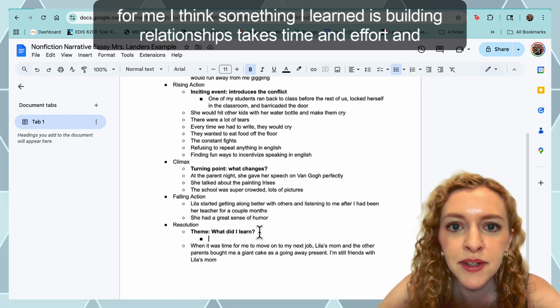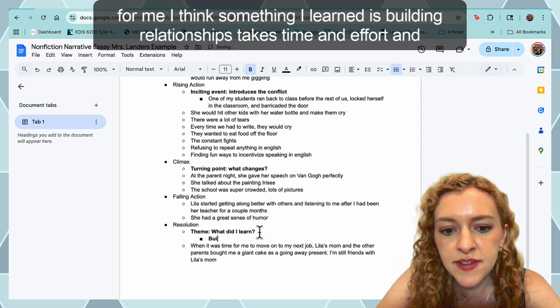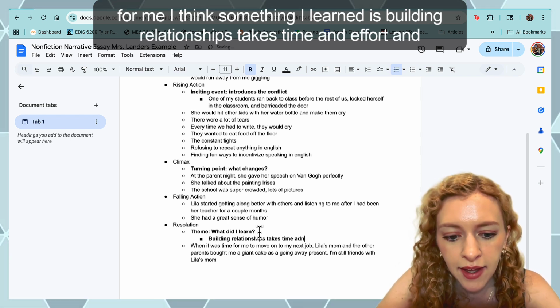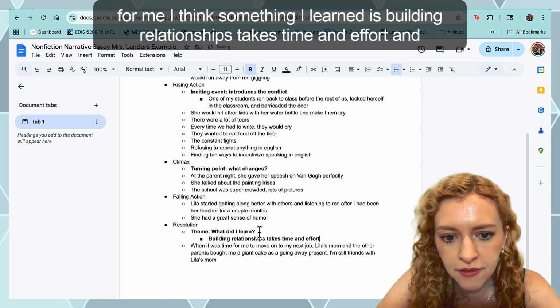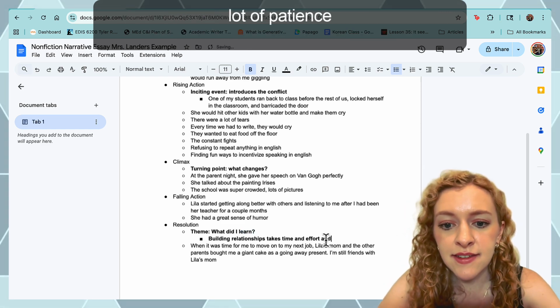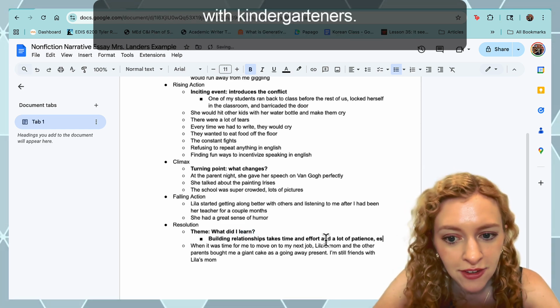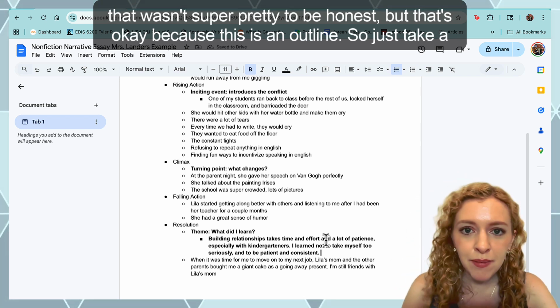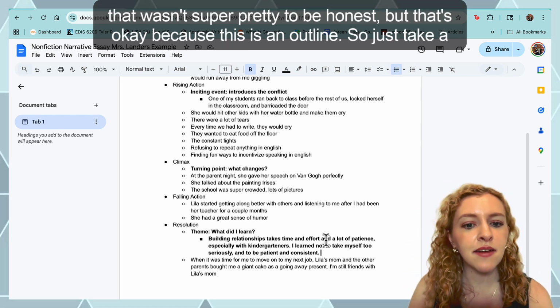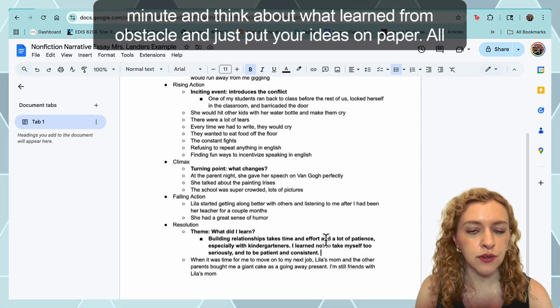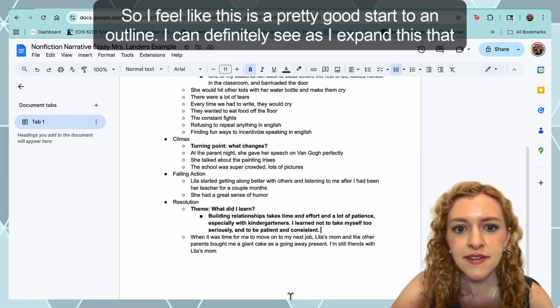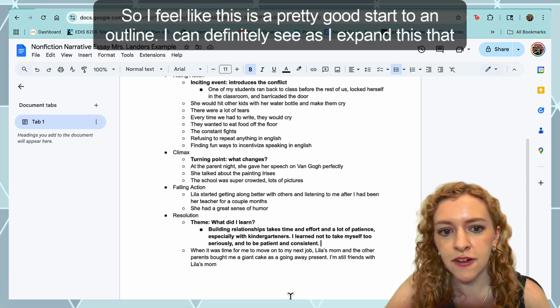So for me, I think something I learned is building relationships takes time and effort and a lot of patience, especially with kindergartners. The way that I wrote that wasn't super pretty, to be honest, but that's okay because this is an outline. So just take a minute and think about what you learned from this obstacle and just put your ideas on paper.